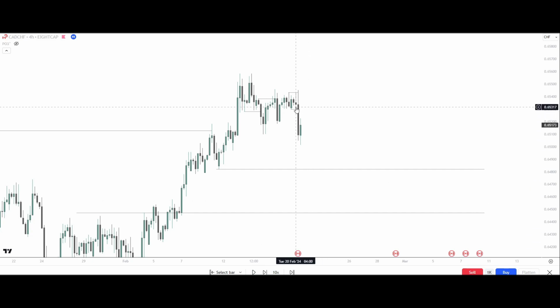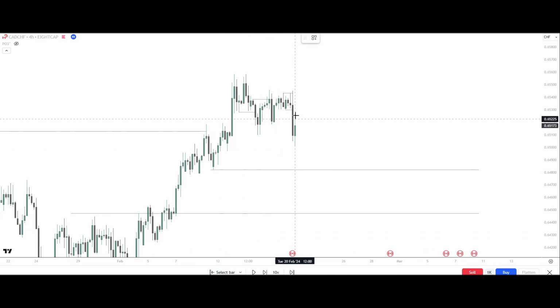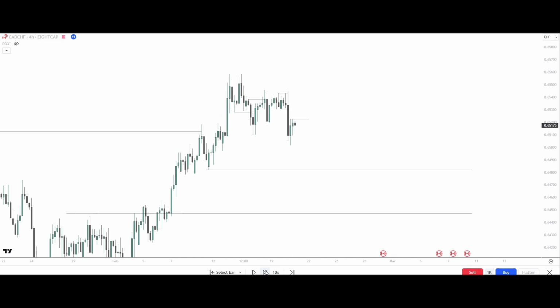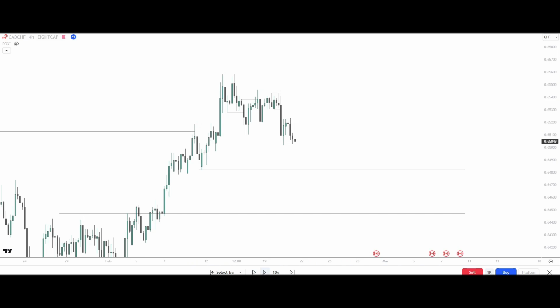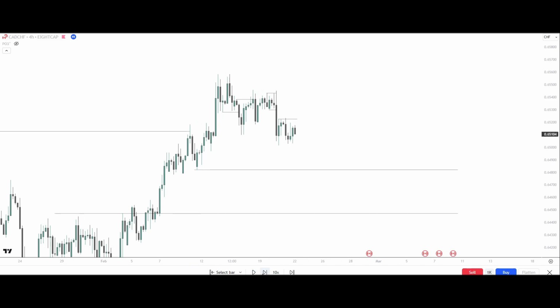Now we have an FVG put in right here. Let's see if we get back to that. Yes, the market does get back to that, and let's see how market delivers from now.